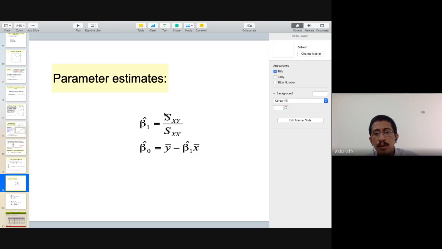Beta 1 is equal to spread across variables divided by spread inside it, basically in the context of a single variable. That's what it is. You know that. See, this goes well with your understanding of the notion of mean, right? And beta 0 is like this.